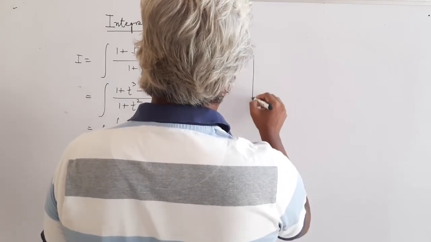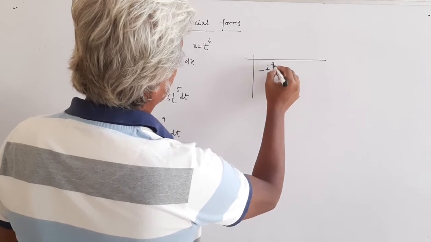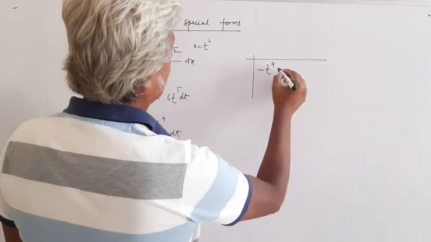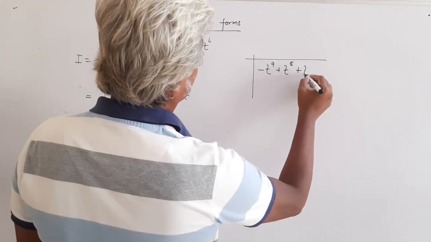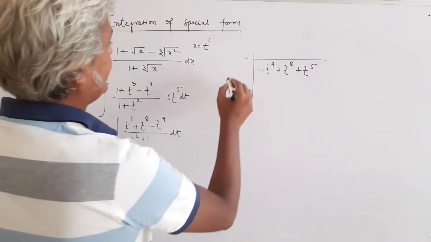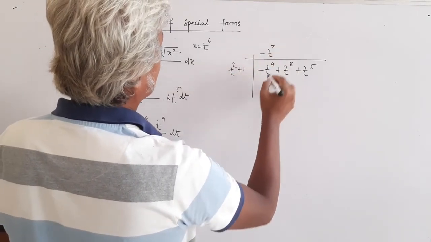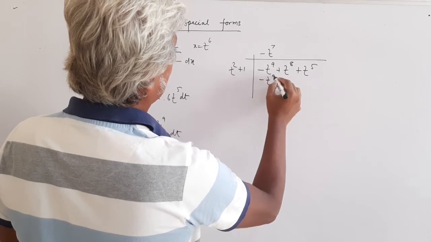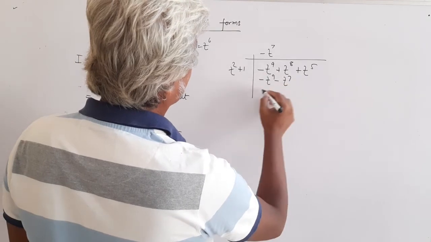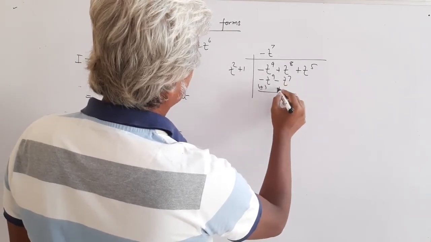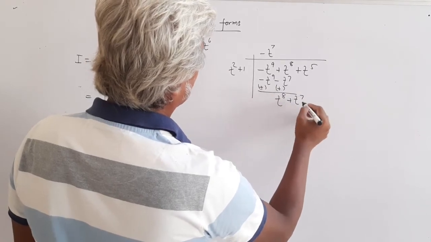So we write here this minus t to the power 9, first I am writing the proper order, plus t to the power 8 plus t to the power 5, and then I am dividing it by t square plus 1. So I write here minus t to the power 7, minus t to the power 9 minus t to the power 7 plus, so t to the power 8 plus t to the power 7.